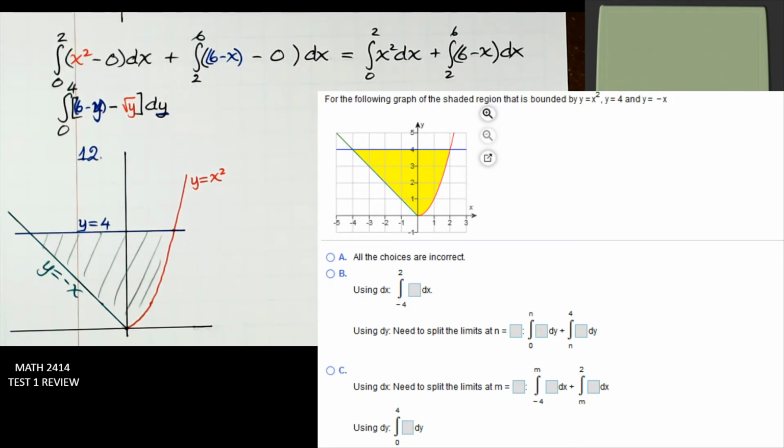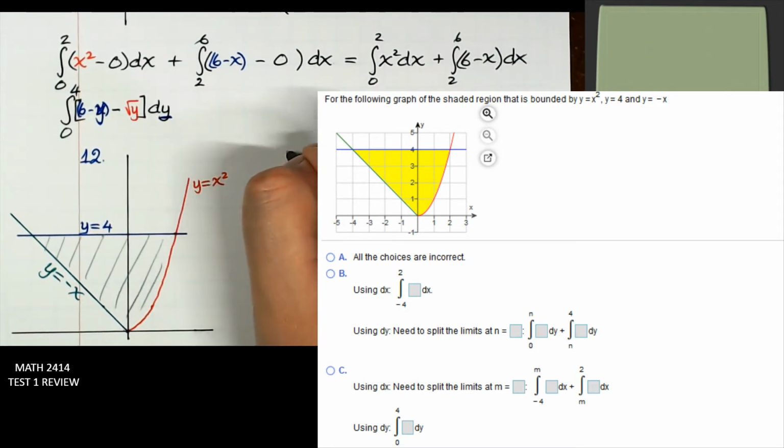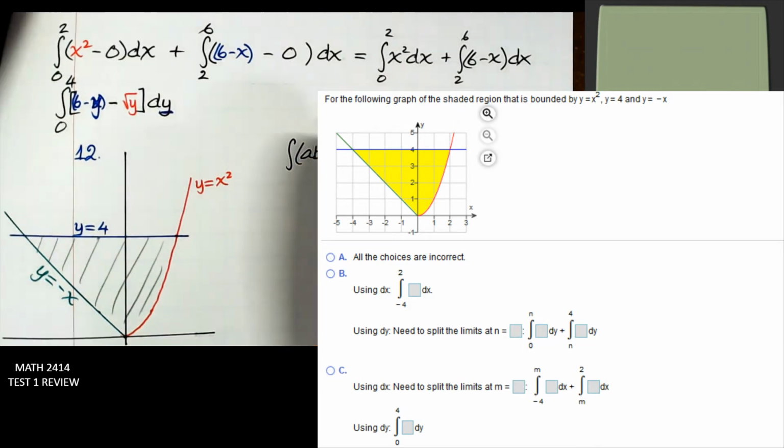Now, so we set the integral again. Above minus below.